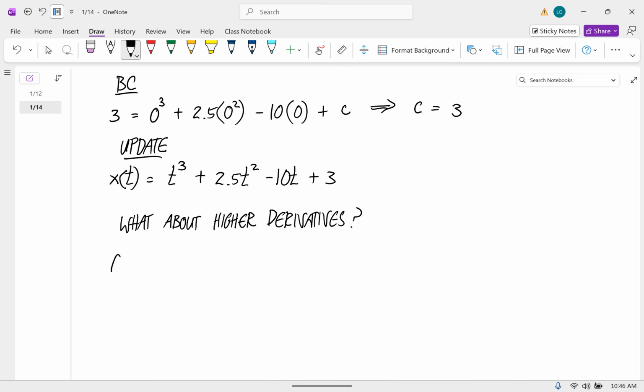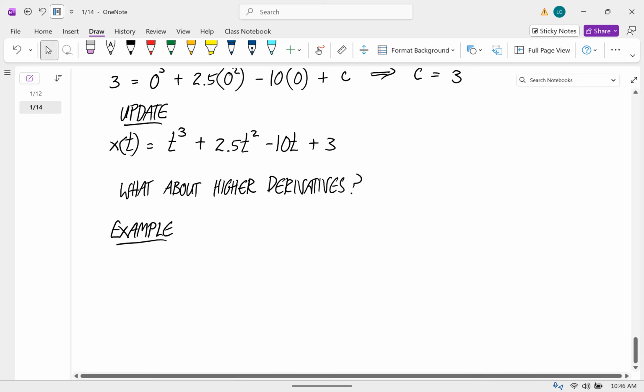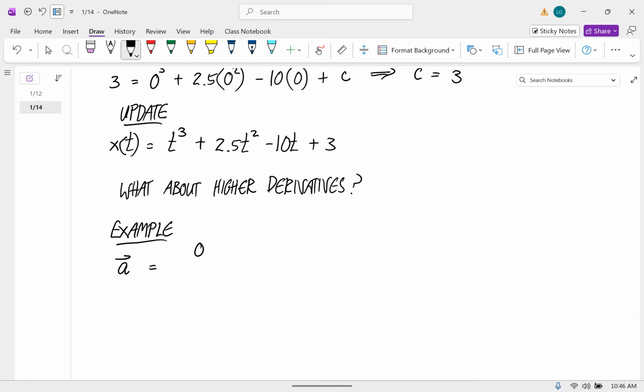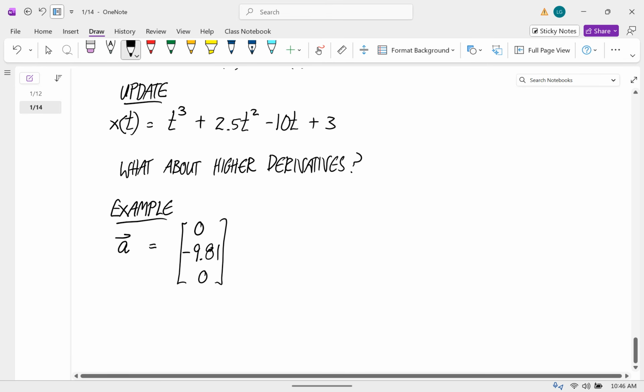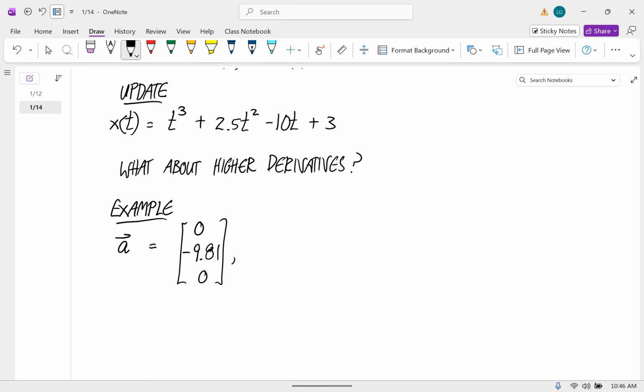So let's say that we have an acceleration that's equal to 0, -9.81, 0. And we're given the velocity vector.